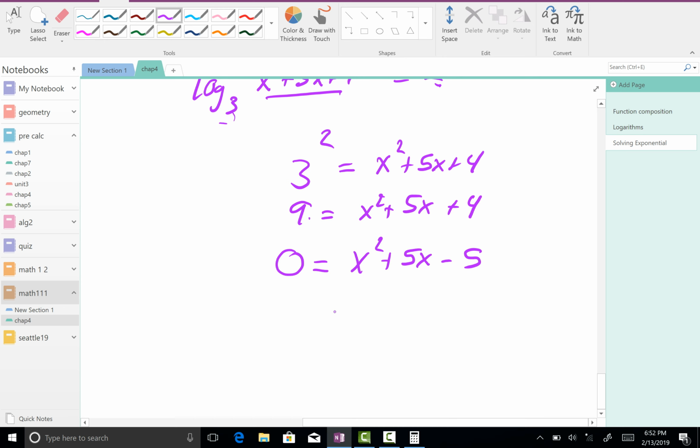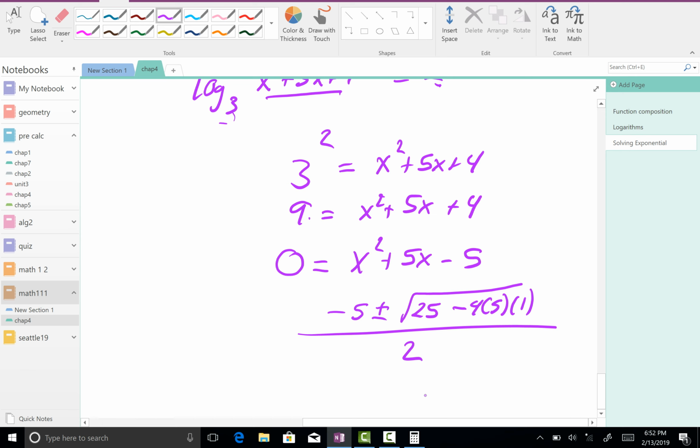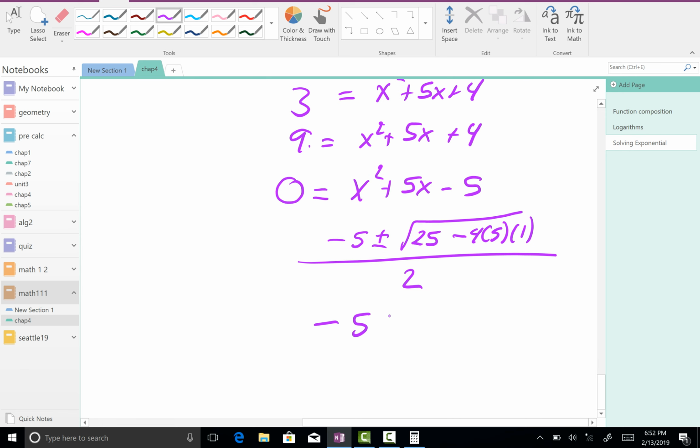So we can do the quadratic formula. So -5 plus or minus square root 25 minus 4 times 5 times 1 all over 2. -5 plus or minus the square root of 5, because that's just 20, all over 2.